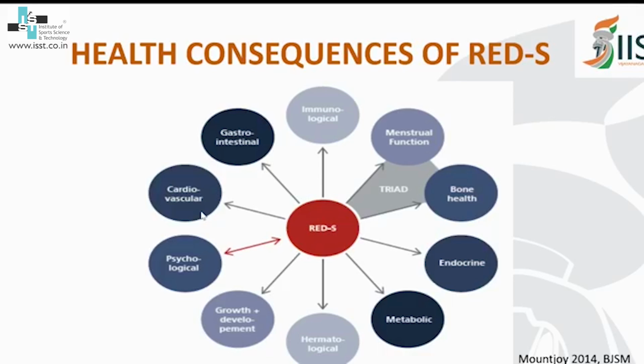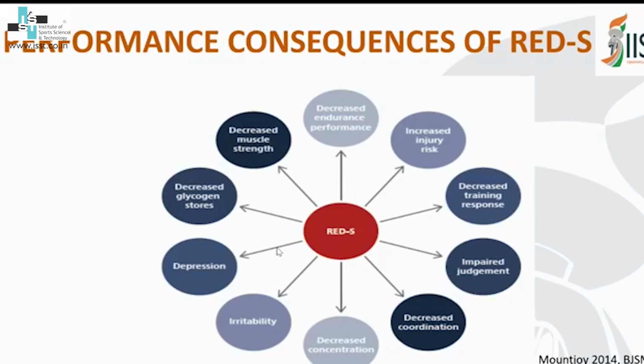Now, quickly looking at the performance consequences of REDS. Like I said before, not only is it going to affect an athlete's health, but it's also going to affect an athlete's performance, which is, of course, a matter of concern to all of us working with athletes. Starting on this side of the spectrum, an athlete would be at an increased risk of injury.